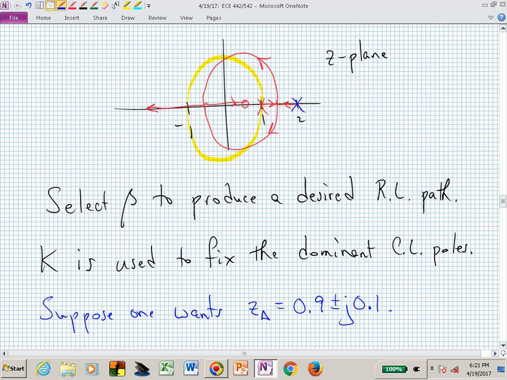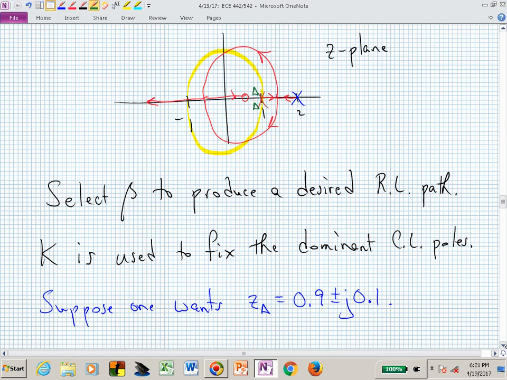That they've determined this will give me the dynamic behavior that I want, the transient behavior that I want, and I'm assured of having the steady state accuracy that I need because I've already forced a PI controller structure on this problem. Is it possible to place my dominant poles there at 0.9 plus and minus J 0.1? Is it possible to get my root locus to pass through those triangles? I want to now see if I can answer that question.